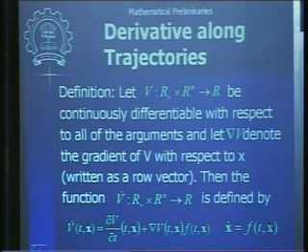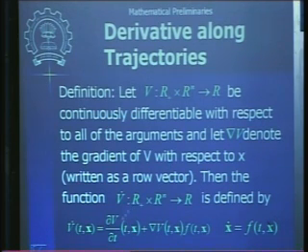Now the next definition is the derivative along the trajectories. This is pretty simple. We have this v, same as our previous v, which is continuously differentiable with respect to all its arguments. Its arguments this time are t and x belonging to the Rn vector space.